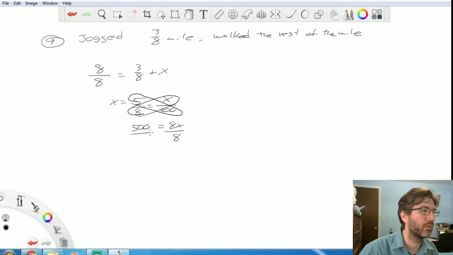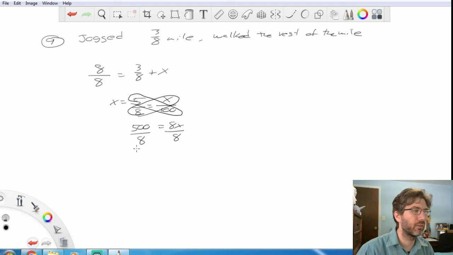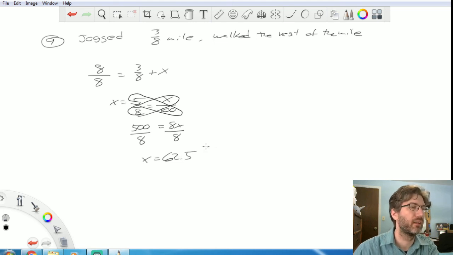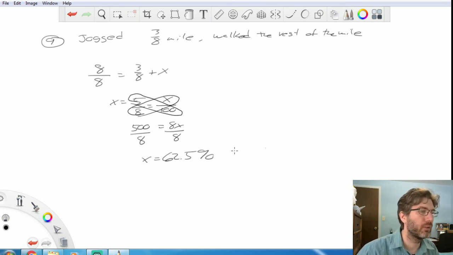Divide that by 8, divide this by 8. 500 divided by 8 is going to give you 62.5%. And it might ask you to do it as a fraction, so that's 62 1/2%, because 0.5 is 1/2.